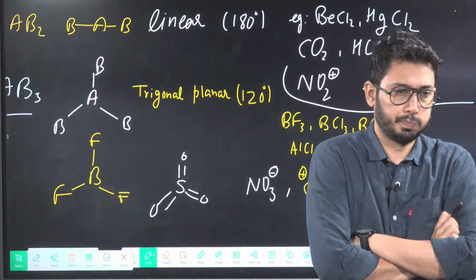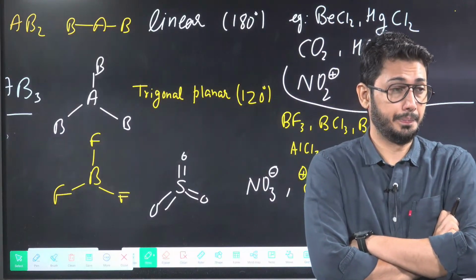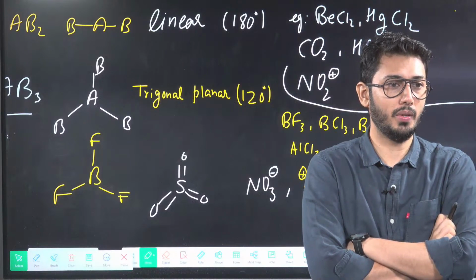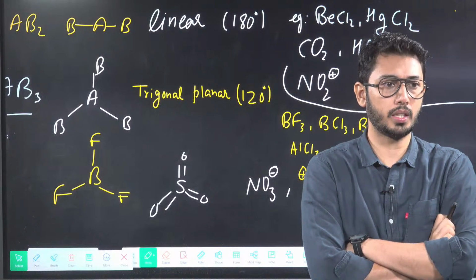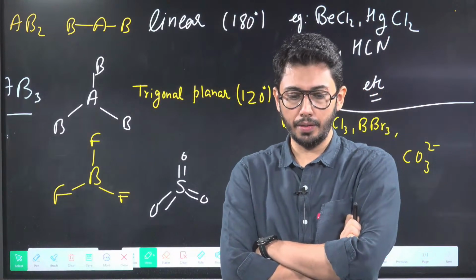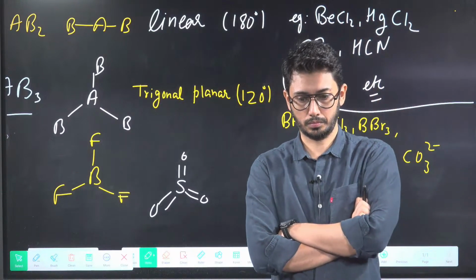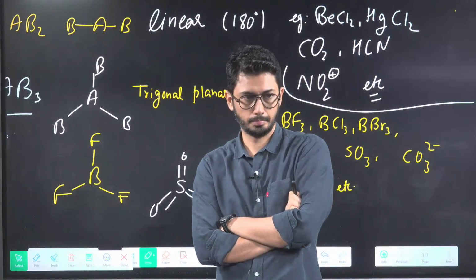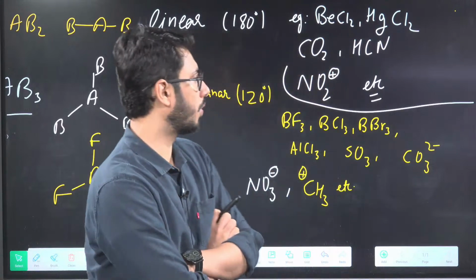LiH3 how? Rakesh, how is it possible? Na? AlCl3 is covalent. AlF3 is ionic. AlF3 is ionic. BH3 basically goes for banana bonding.